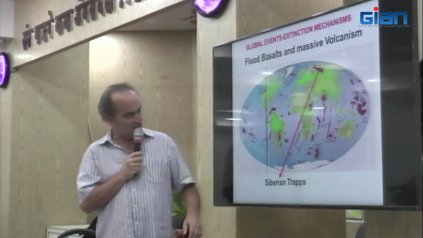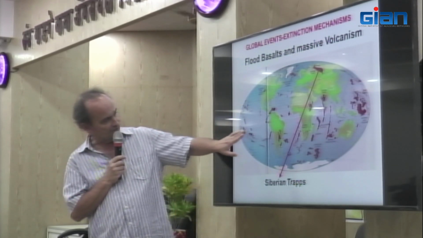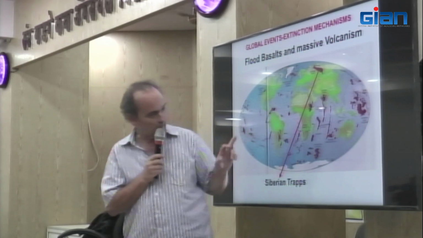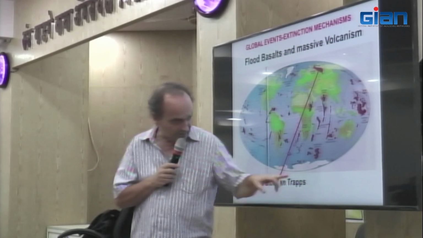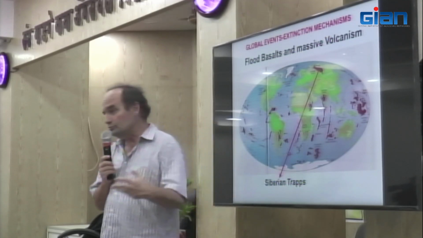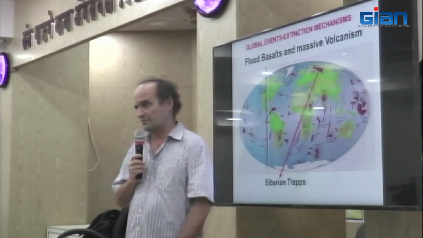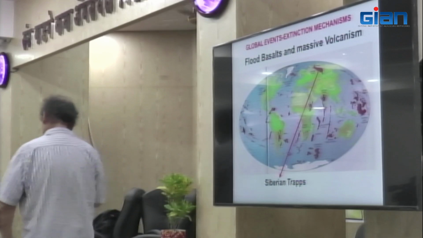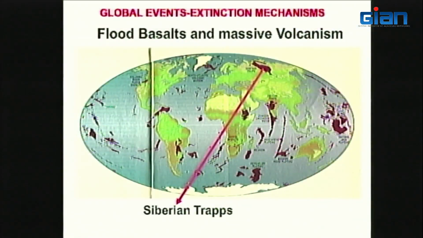But you can also see that there is some submarine plateau, like the Ontong Java here and here, like the Kerguelen, which are huge, bigger, but they were submarine. And that's why probably they were not efficient enough to create a mass extinction event.